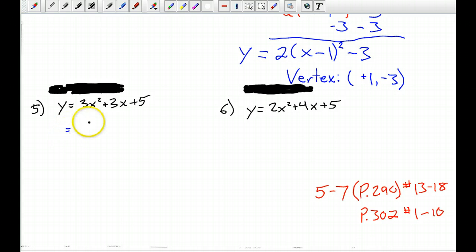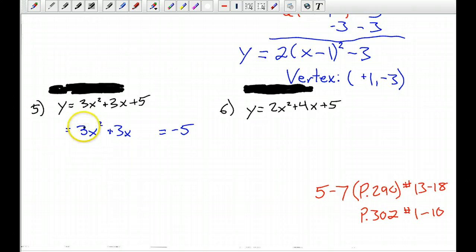One more, try it with me. So we have 3x squared plus 3x. Leave space. Move it on over. We also have to factor this.